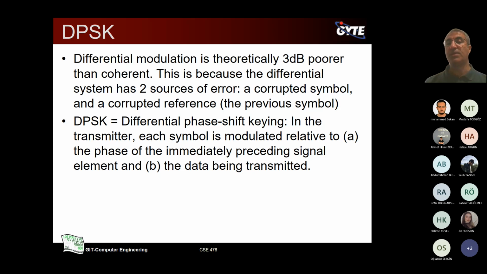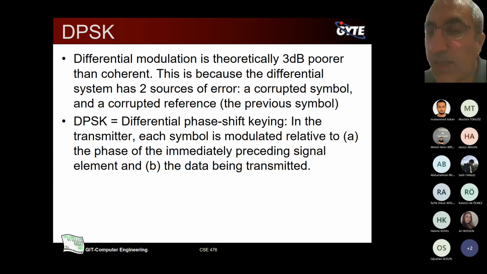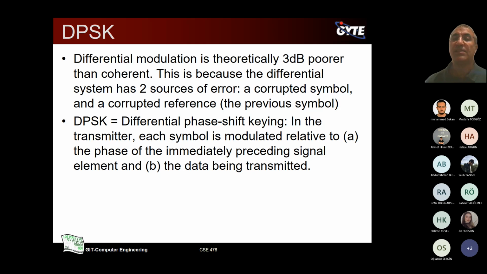The first one is the corrupted symbol, and the second is that you need a previous symbol, which can also be corrupted. So that's why differential modulation is 3 dB poorer than the conventional one, since the conventional one has only one source of error, which is the corrupted symbol.